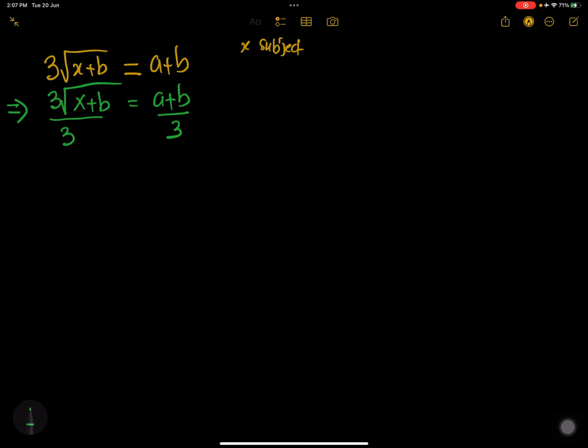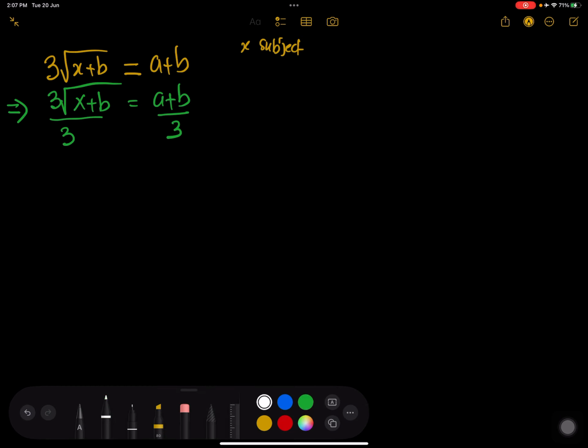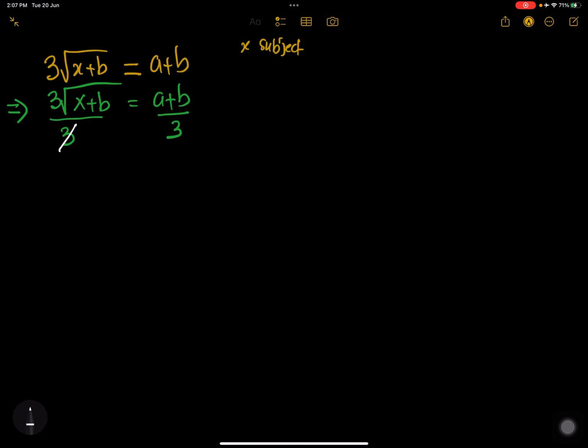This 3 cancels out, and we are left with the square root of X plus B, and we are getting A plus B divided by 3, like that.